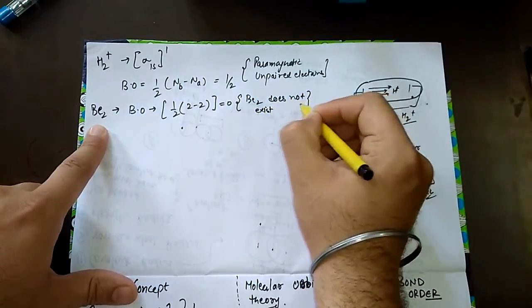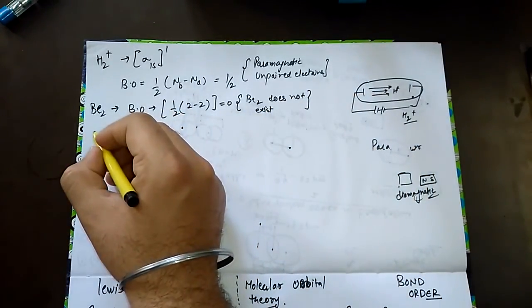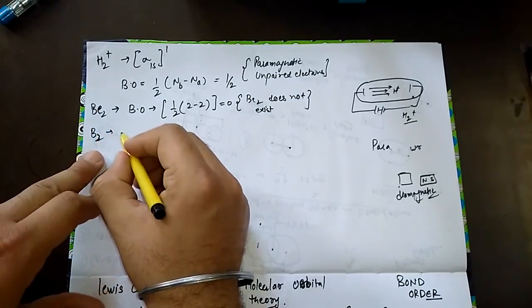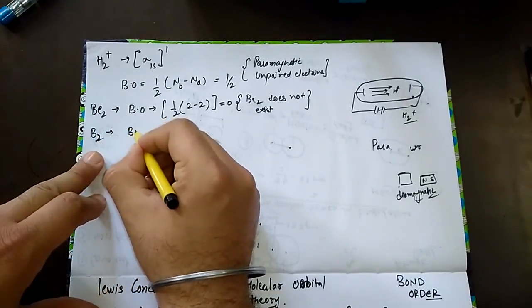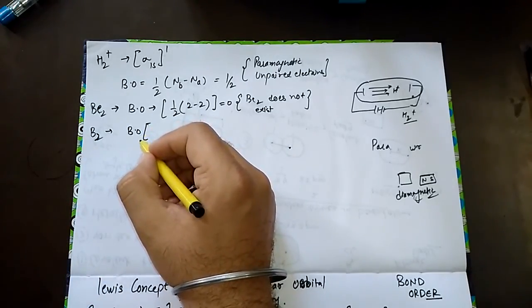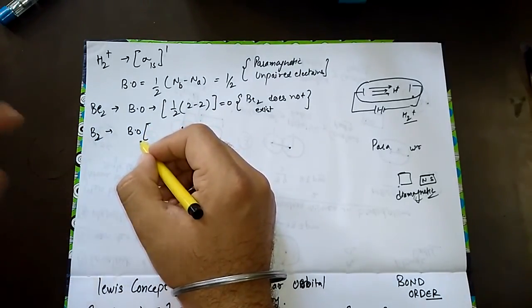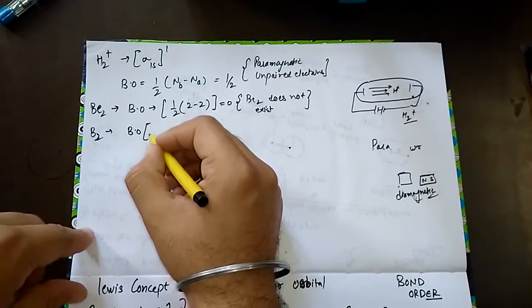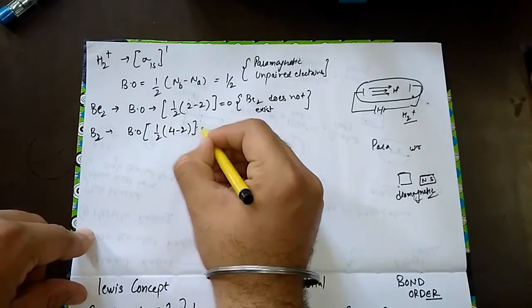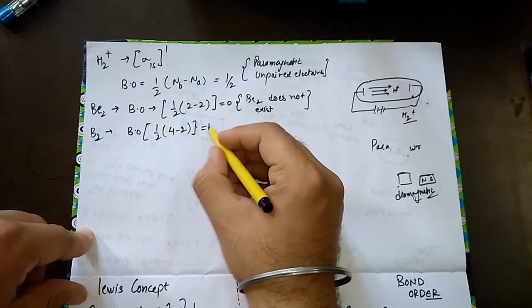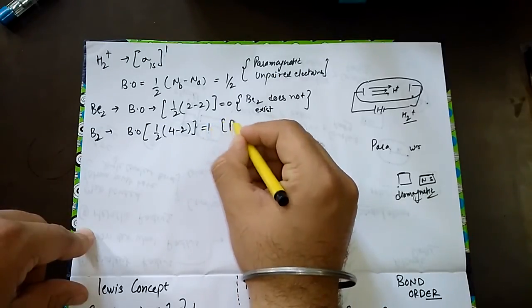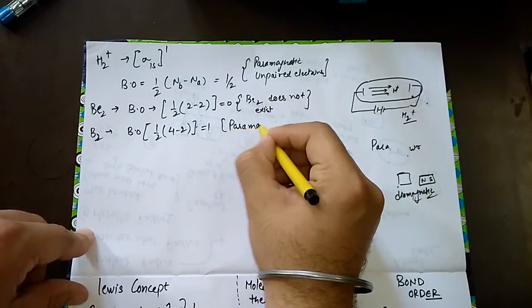If I write B2, does it exist? Writing the configuration and calculating the bond order; for writing the configuration, you must know how to write the electronic configuration, you can see the video. We have half of 4 minus 2, which is 1. 1 means it has unpaired electrons, so we call it paramagnetic in nature.